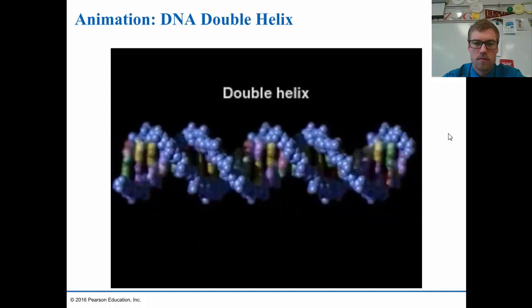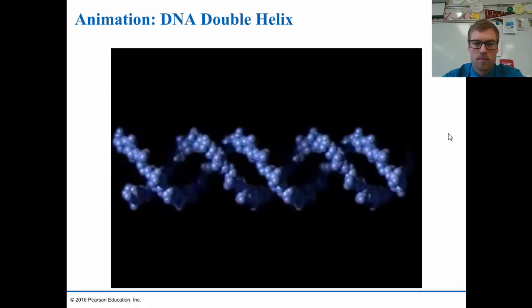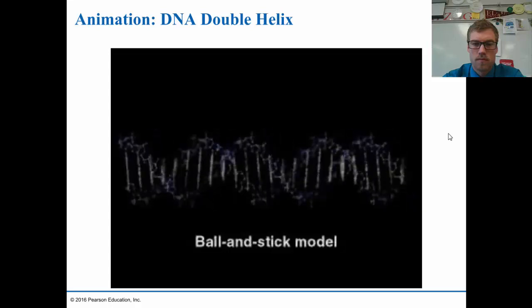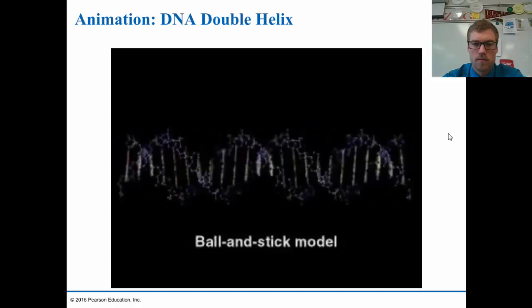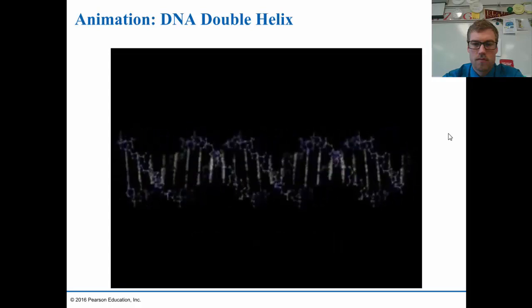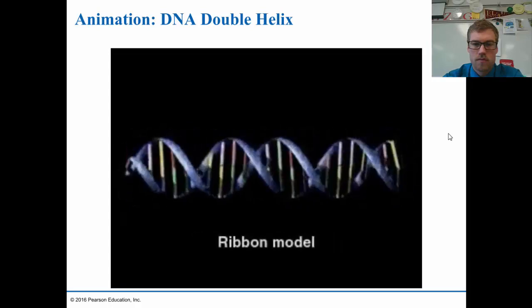Each crossbar is a hydrogen-bonded pair of bases, one from each DNA strand. An adenine is always paired with a thymine and a guanine with a cytosine. The double helix can also be represented by a ball and stick model. For simplicity, a ribbon model is often used, with ribbons for the sugar-phosphate backbones.